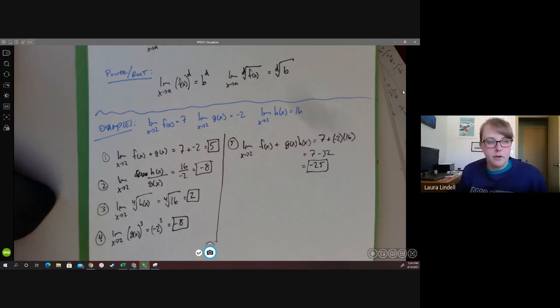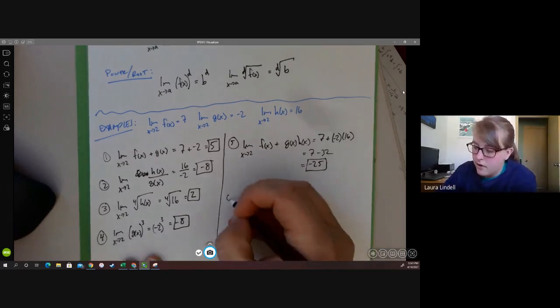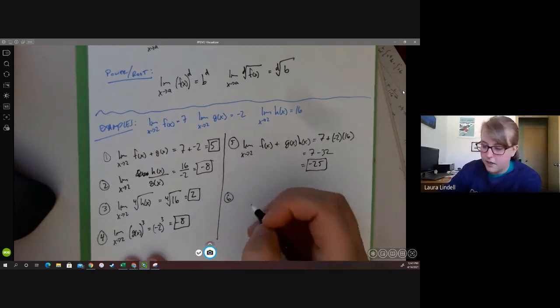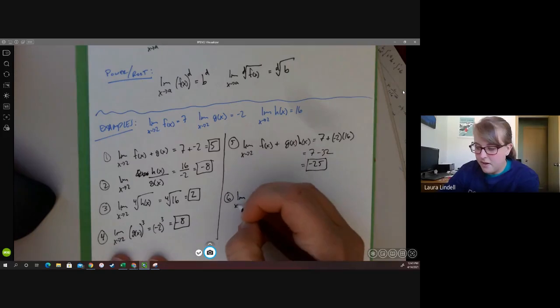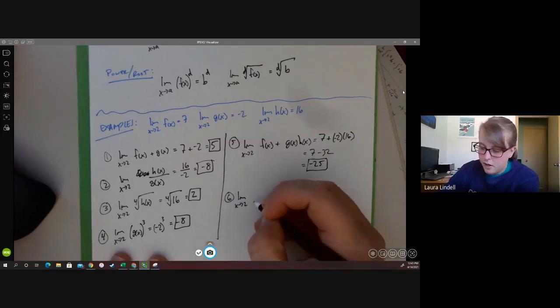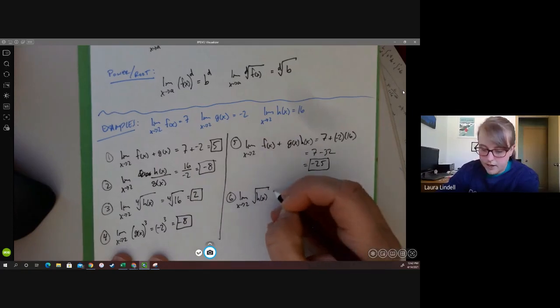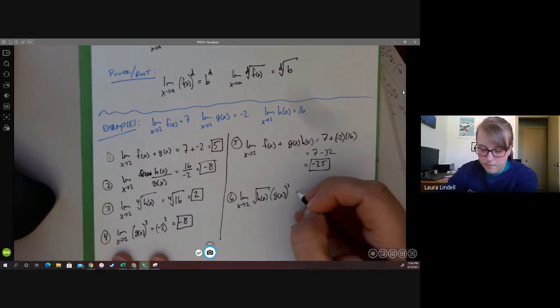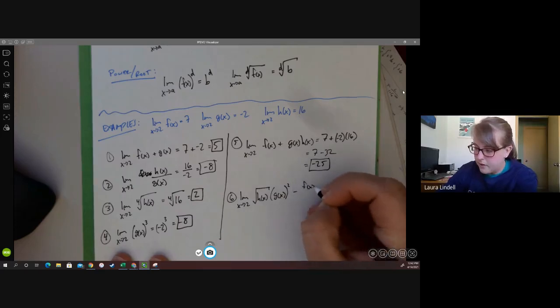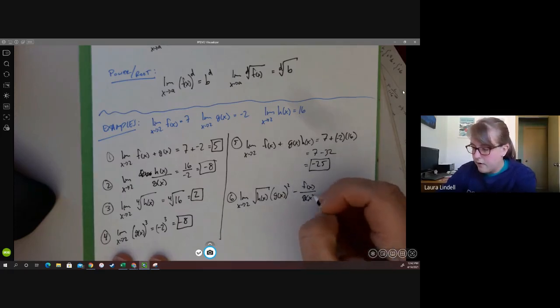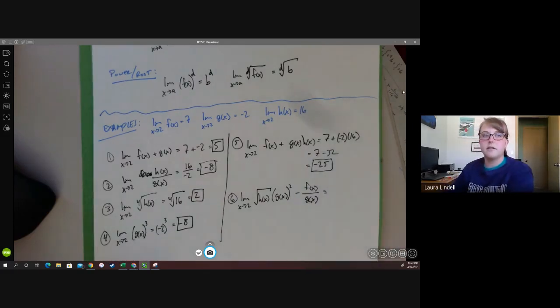All right, and then the last one, we'll make this one nice and complicated. Limit as x approaches 2, square root of h of x times g of x squared minus f of x over g of x.